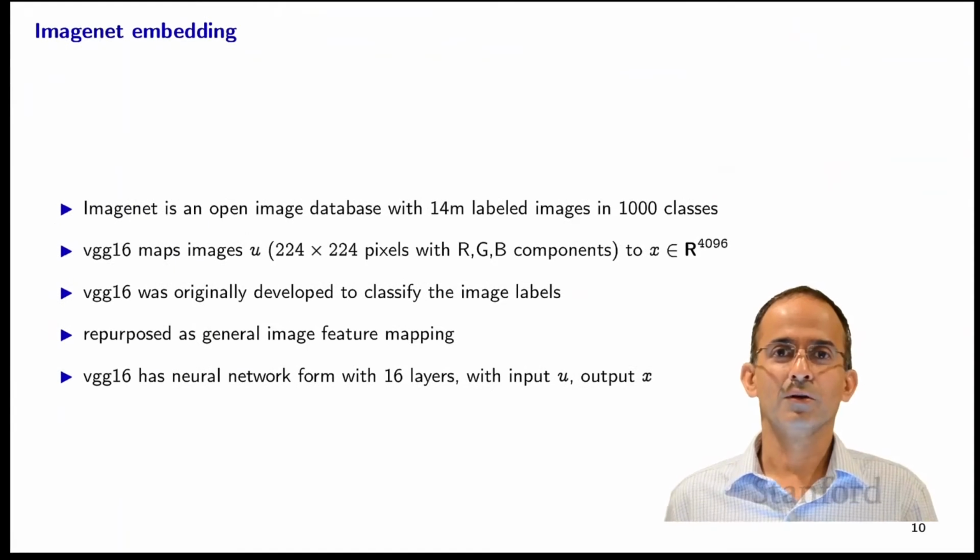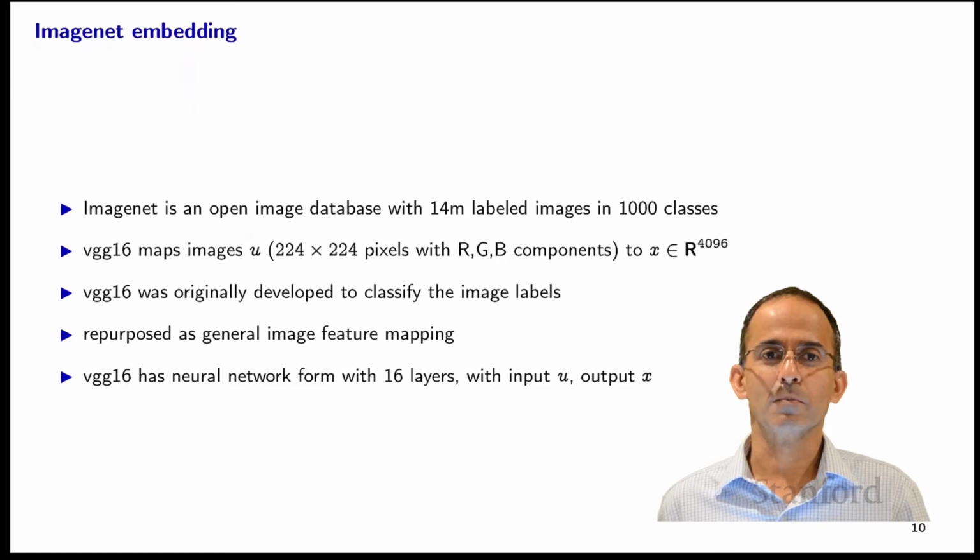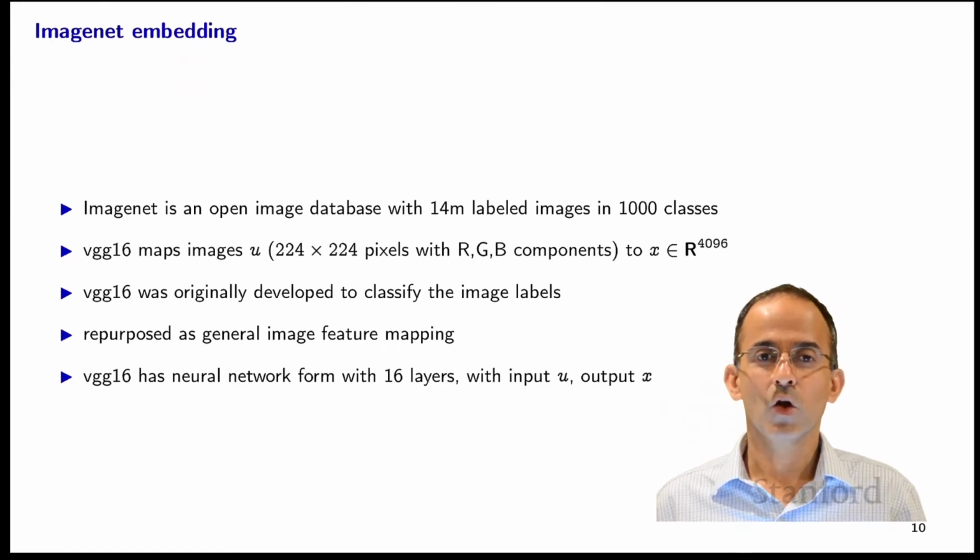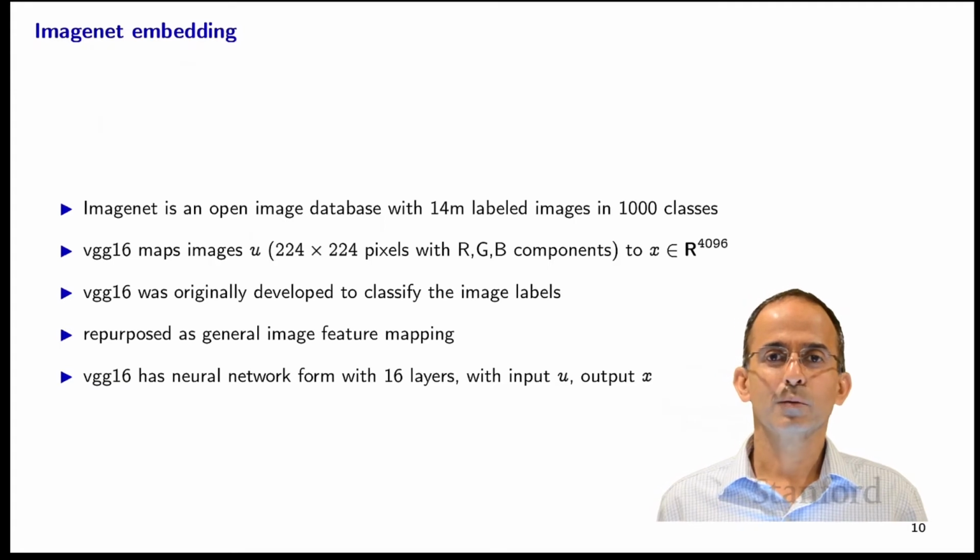Let's turn now to a sophisticated method of embedding image data. This is called VGG16. ImageNet is an open database of images. It contains about 14 million labeled images in about 1,000 different classes, and they range over all sorts of different things.